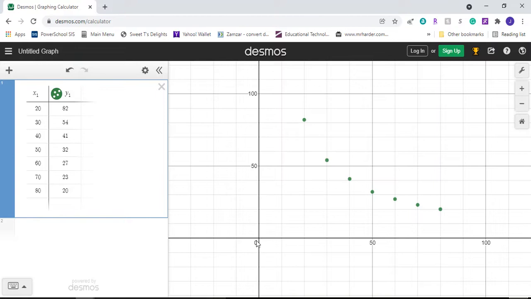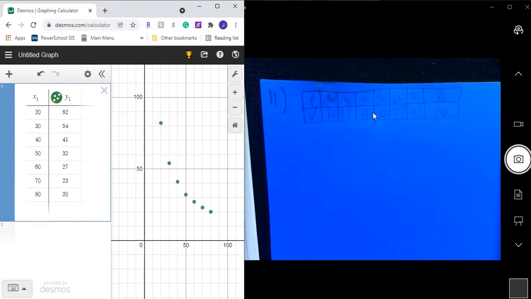But looking at the graph in the book, it looks as though the p-axis should go by 5s, and the v-axis should also go by 5s, because you would end up getting to 95 with both of them. So that would cover everything. Okay, so now we're done with 11a. Now we're going to go to 11b.